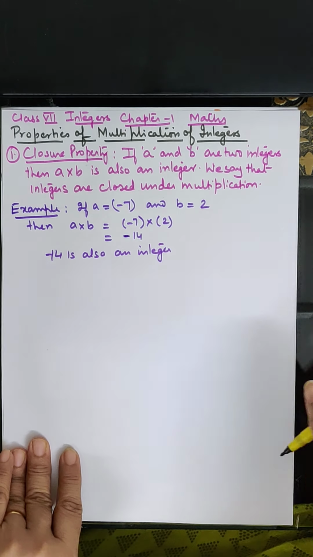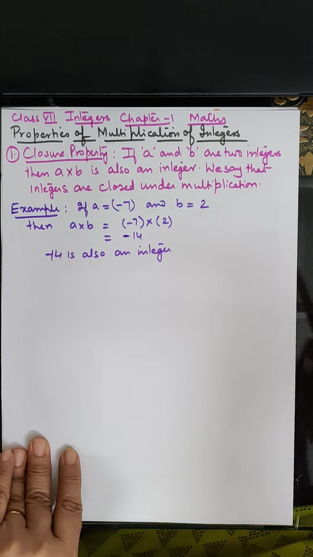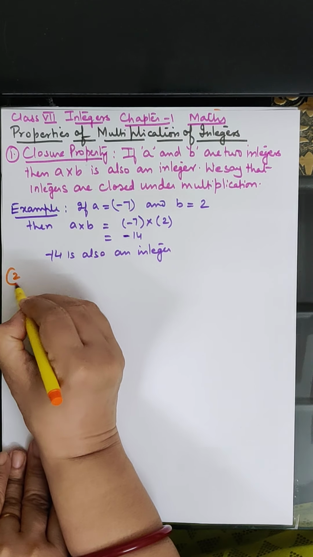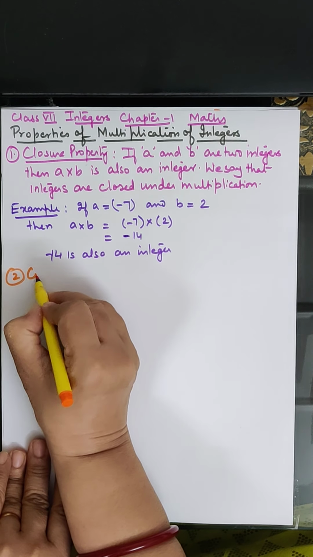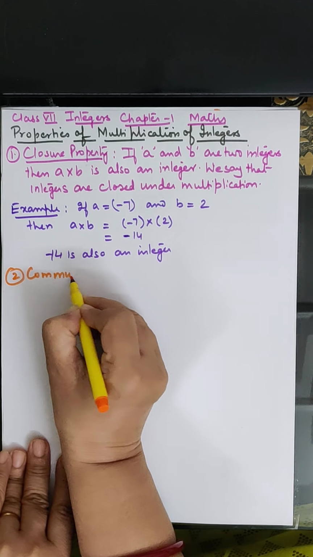All right. Now, second is commutative property.